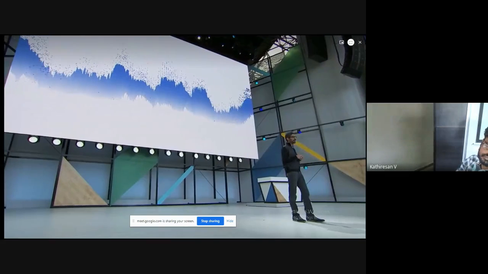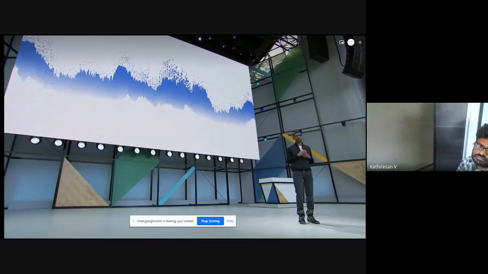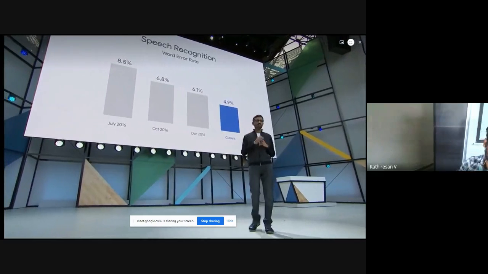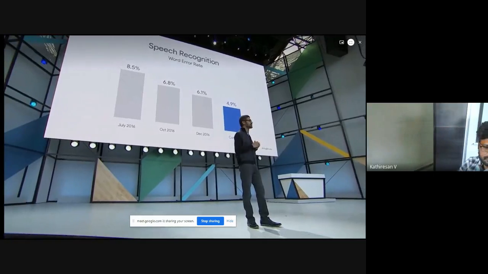We've had significant breakthroughs, but the pace even since last year has been pretty amazing to see. Our word error rate continues to improve, even in very noisy environments.